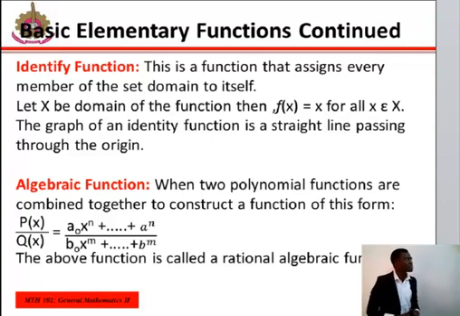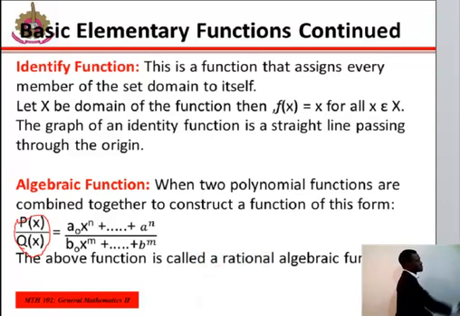The fourth basic elementary function, which is the algebraic function, is defined as when two polynomial functions are combined together to construct a function of the form p of x all over q of x, like we have here.